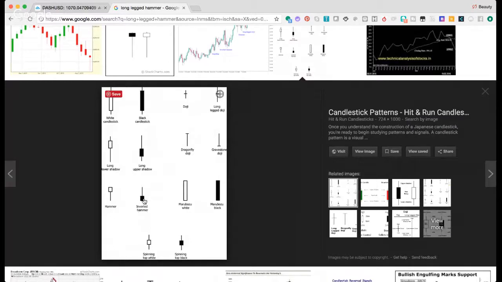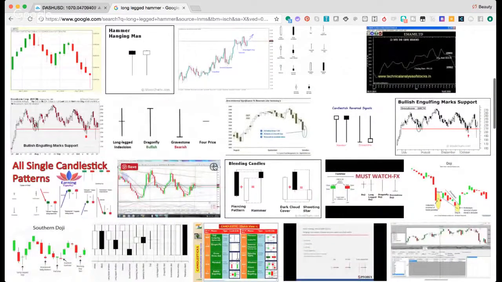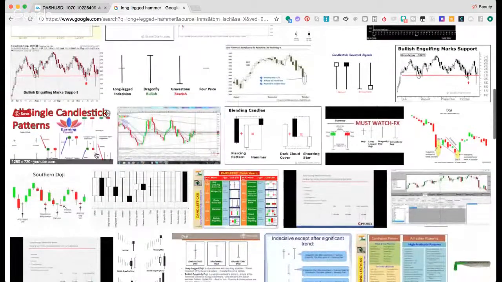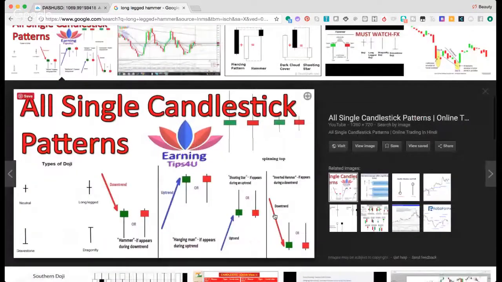I'm fixing to steal a page. But we want to look a little further. Here we have another one. Inverted hammer if it appears during a downtrend. But it really didn't, right? Well, no, I guess you could say it did appear during a downtrend. So that's the name of the candle. Now we know, inverted hammer.